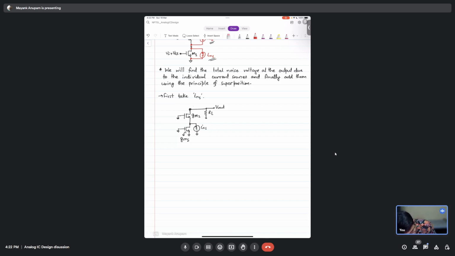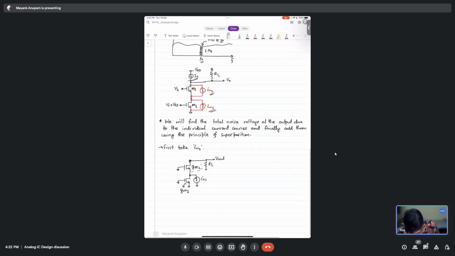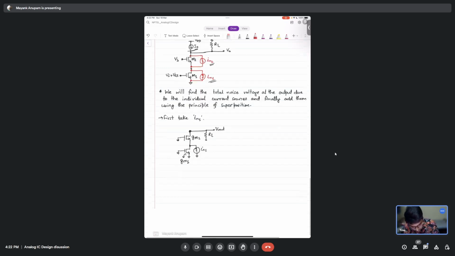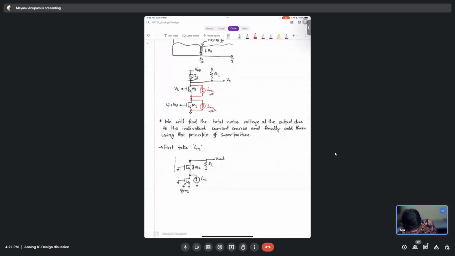This guy here, if we consider a small box around it like this, you see that this MOSFET here, its gate and its source are both grounded, right?